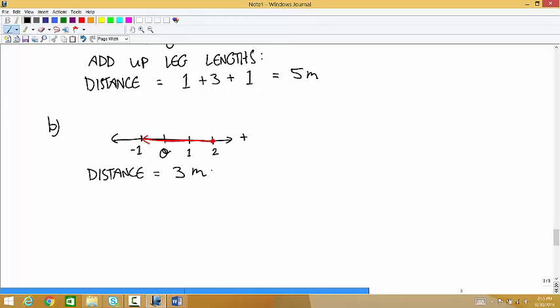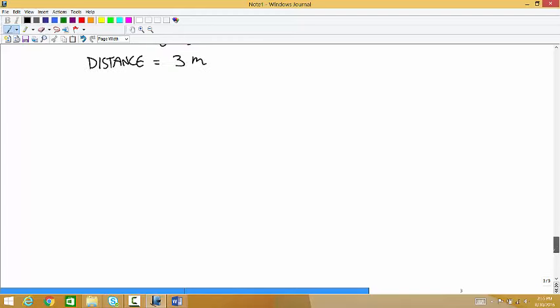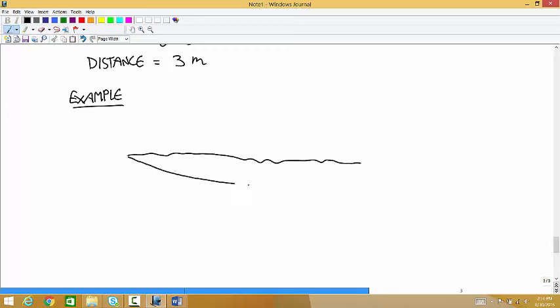Any questions about that? Okay. This is an example problem that's sort of similar to some stuff that's in the practice problems. So let's say that this is the lake. And here's the shore. And here's you.